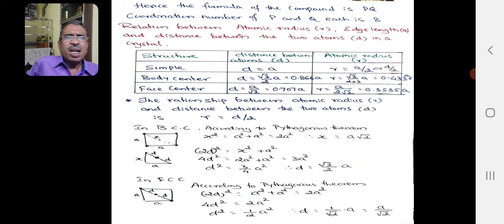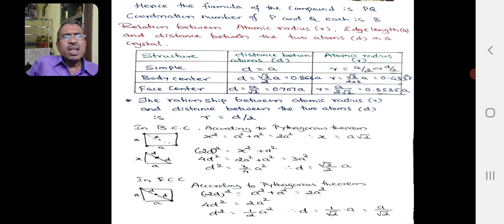Therefore, 2d square is equal to x square plus a square. That gives 4d square is equal to 2a square plus a square, that is equal to 3a square. Therefore, d square is equal to 3 by 4 into a square. Therefore, d is equal to root 3 by 2 into a.